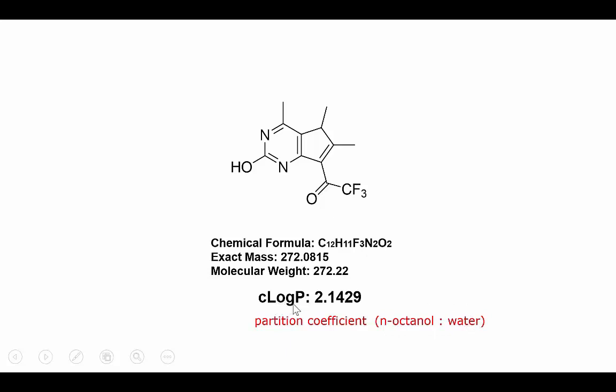If log P is 1, it's approximately 10 to 1. If it's 2, that's 100 to 1. Then log P of 5 is 100,000 versus 1. Octanol is a hydrophobic solvent, so a higher log P value means the molecule is more and more hydrophobic.